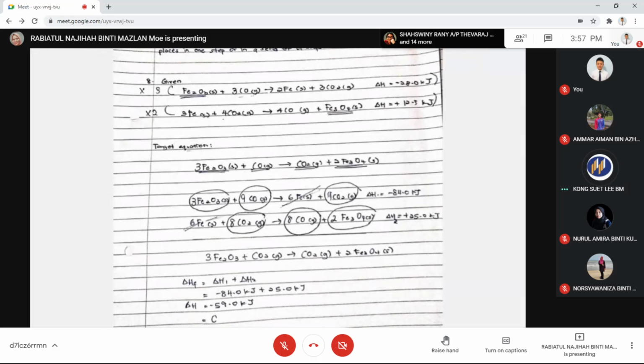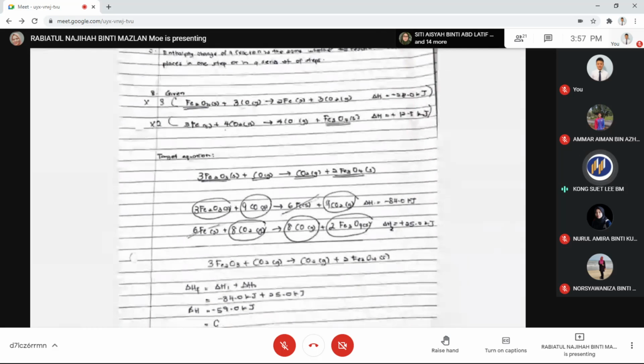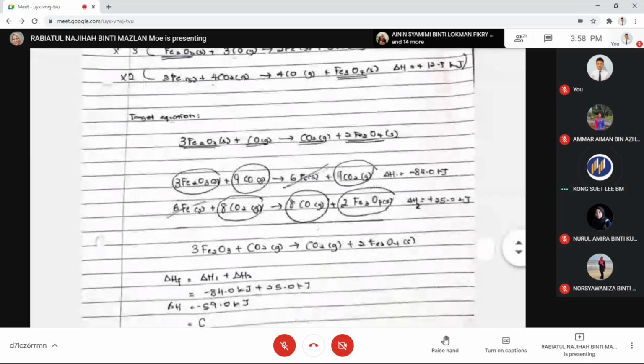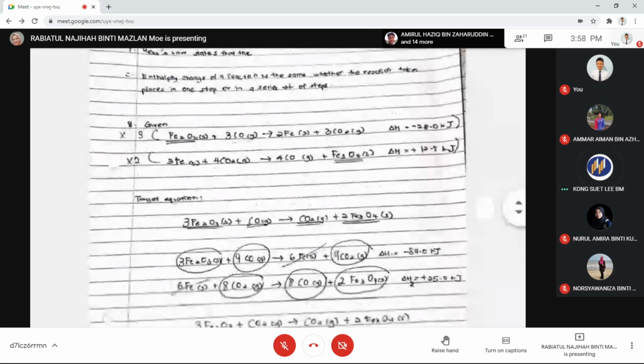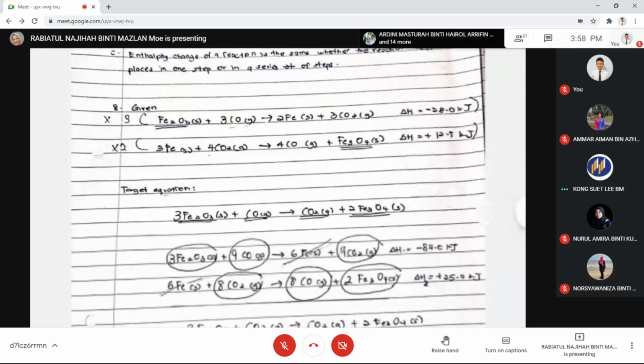Kita nak bulatkan mana yang terlibat dekat target equation. So, kita tengok dekat target equation 3Fe2O3, so kita darab 3 dekat first equation. Yang second kita tengok 2Fe3O4, sebab tu darab 2 dekat second equation.